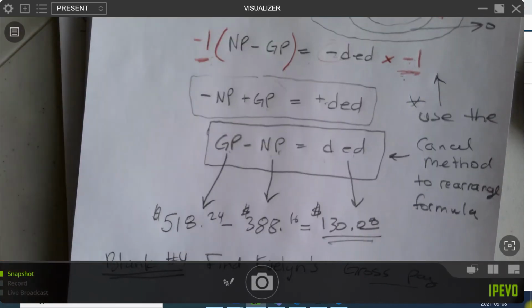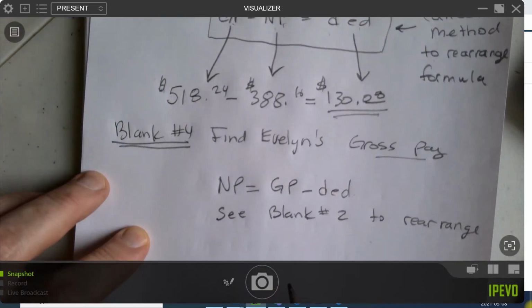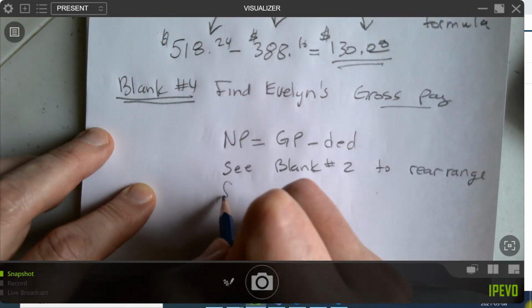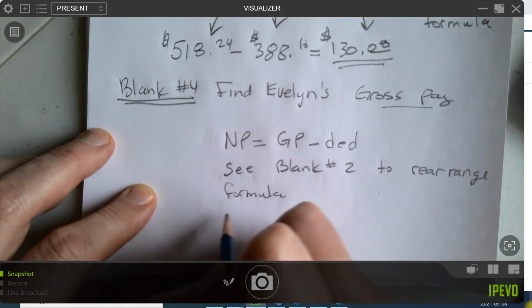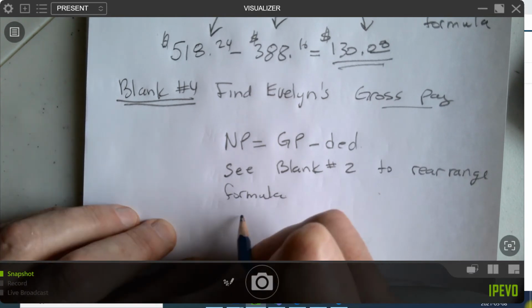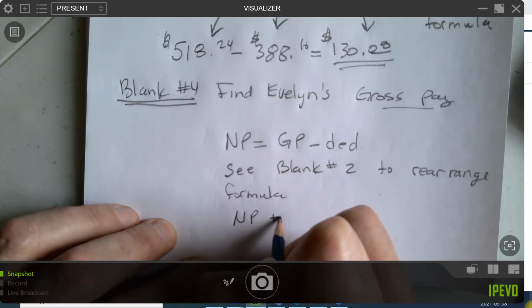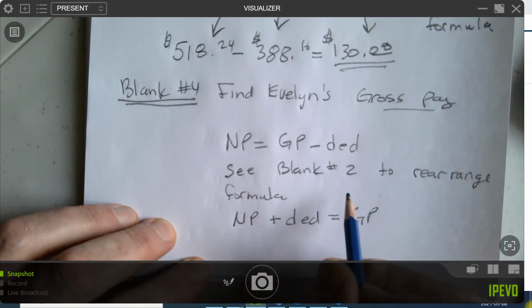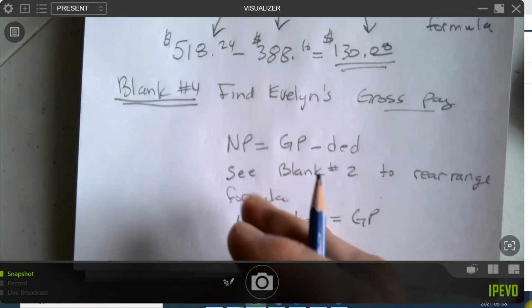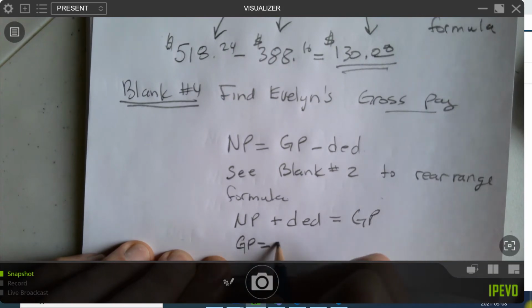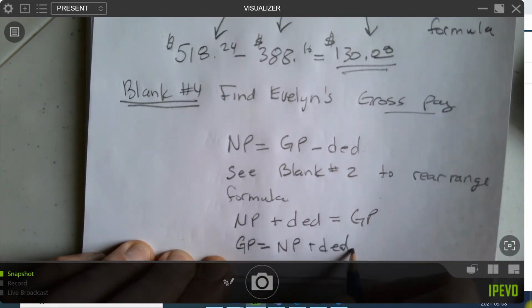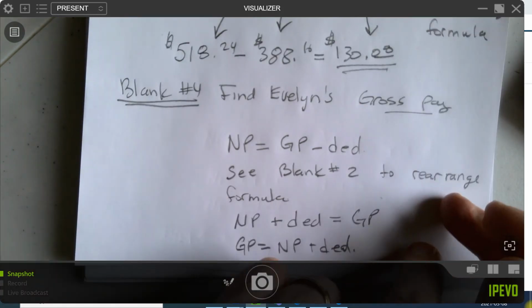So we're going to say see blank number 2 to rearrange the formula. And the formula is net pay plus deductions is equal to gross pay. And if you guys like, I'm just going to flip the whole thing. So again, gross pay is equal to net pay plus deductions. I just moved everything over there, moved the equal sign over there.